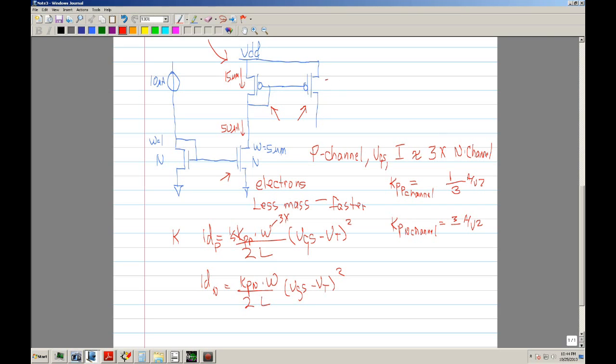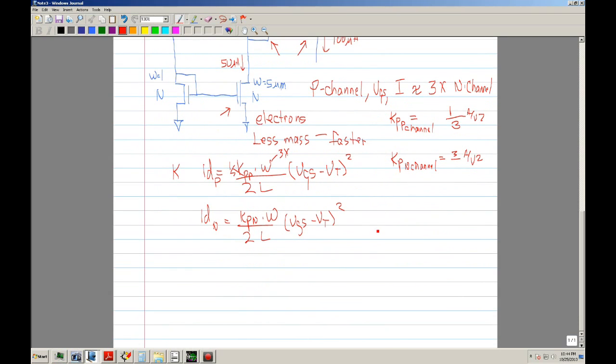If this is, let's say, 30, this is 2 times bigger than this MOSFET. And since this MOSFET has 50 microamps going through it, the current flowing through this MOSFET is going to be twice as big, so you would have 100 microamps. Okay, so hopefully that explains that.